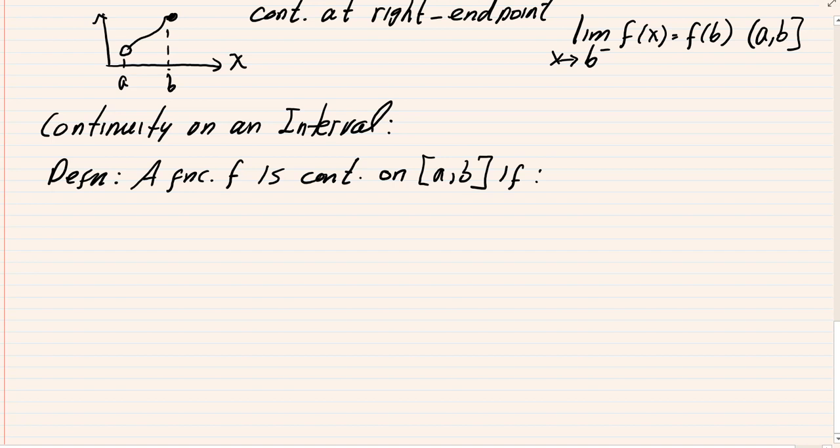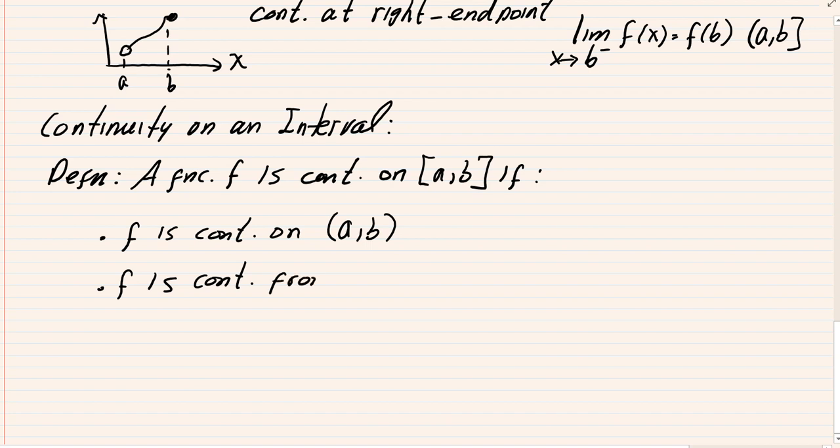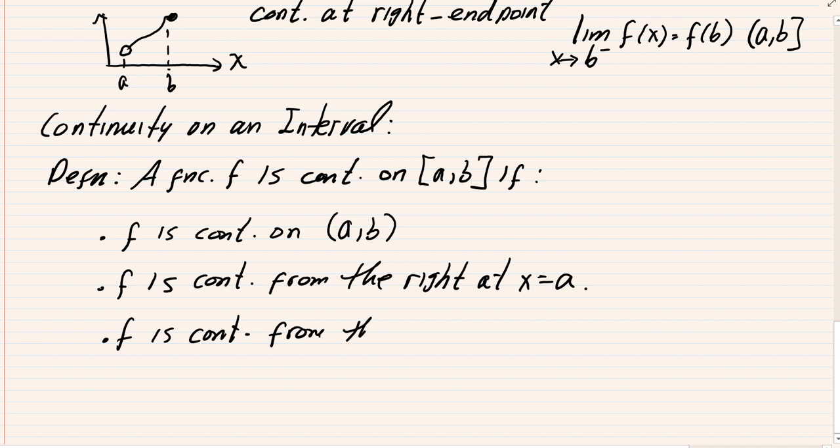If three things happen: if f is continuous on the open interval from a to b, and f is continuous from the right at x equals a, and lastly f is continuous from the left at x equals b.